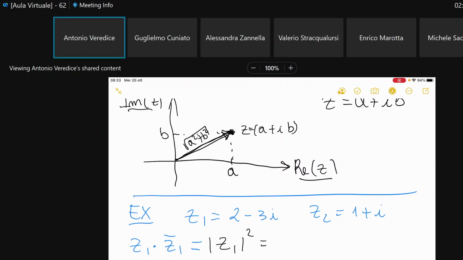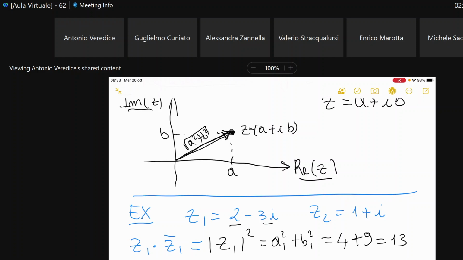And this is A1 squared plus B1 squared, where A1 and B1 are the real and the imaginary part of Z1. So A1 is 2, and B1 is negative 3, squared, okay? So negative 3 squared is plus 9. So this is 13.